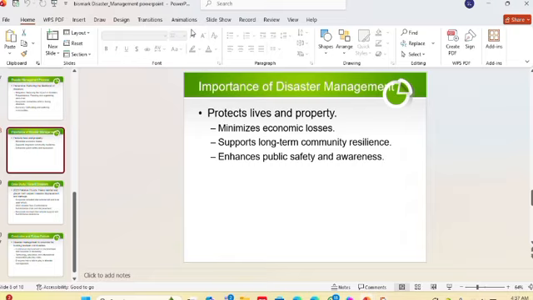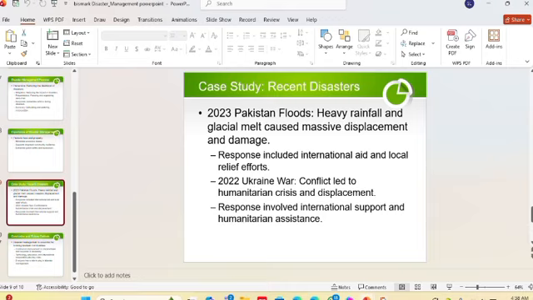Number two is support for long-term community resilience. Then we have it enhances public safety and awareness. Those are important. So here we have an example of a case study. This case study was taken in the Pakistan flood in 2023. Heavy rainfall and cloudburst caused massive displacement and damage.